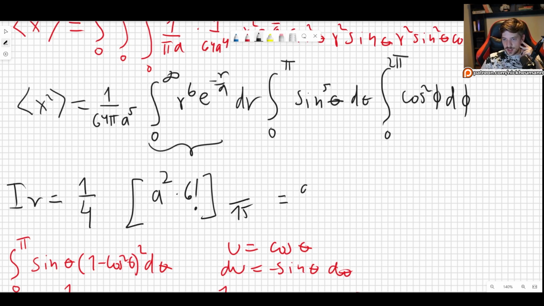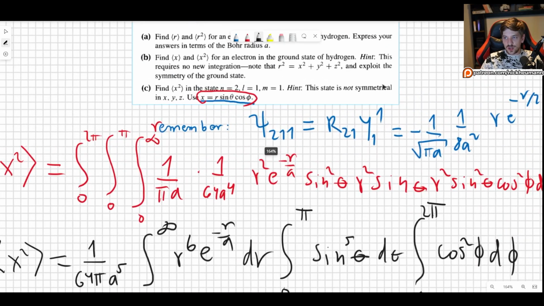And then let's see, we have a squared times 6 times 5 times 4 times 3 times 2 divided by 4 times 15. Now 5 times 3 is 15. So if we take this and this, we get rid of 15, then we have this. So in the end, this is simply 12a squared. So that is the expectation value of x squared.